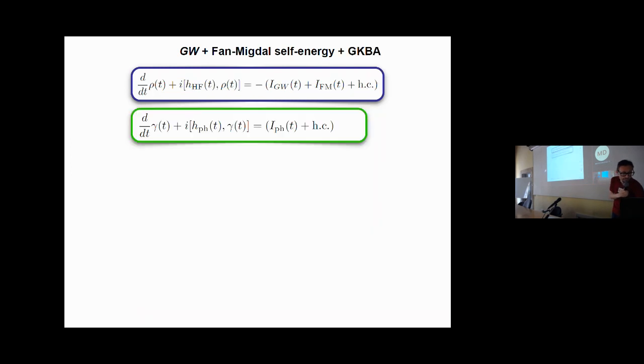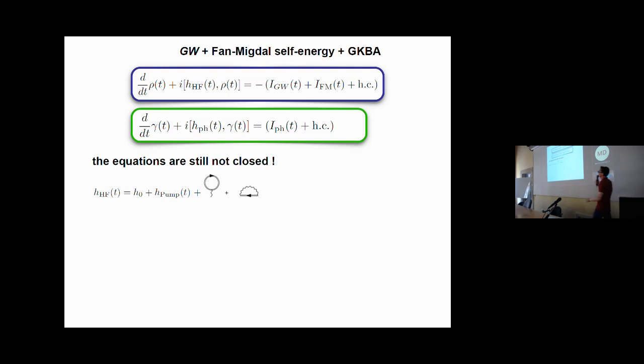What happens? So first, these are the 2 coupled equations now that we want to propagate to evolve simultaneously electrons and phonons interacting among each other. But there is a subtlety here, that these equations indeed are still not closed.